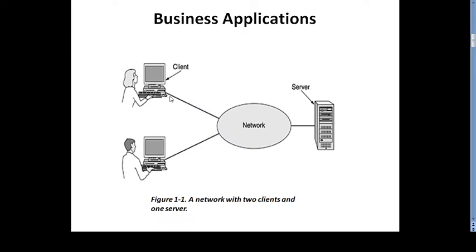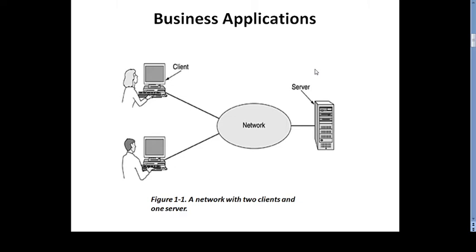Business applications are related basically to the client and the corporate world. The best example is this figure, which explains a network with 2 clients and 1 server. Suppose these 2 clients want to communicate with a corporate sector to access information about a tender, to fill in a tender.